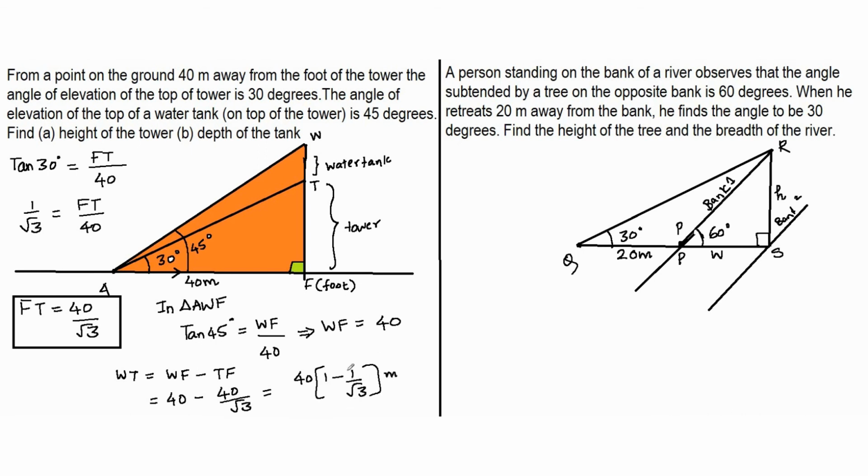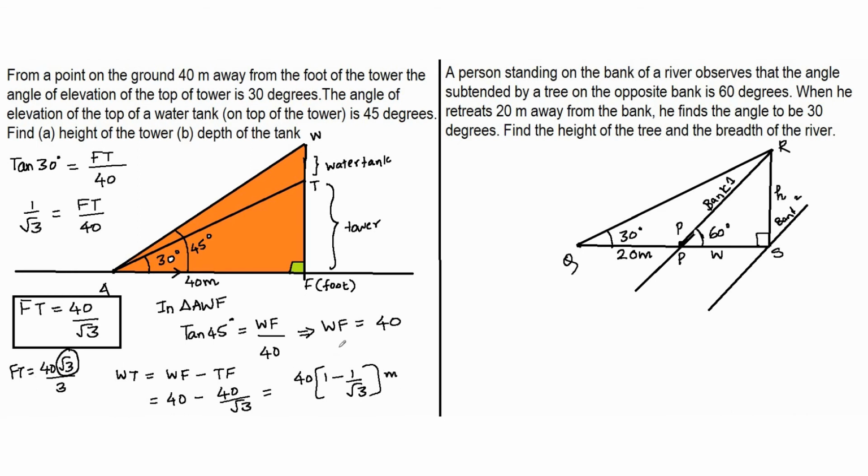So now you could of course rationalize the denominator here, and let me quickly show that. So FT, multiplying the numerator and denominator by root 3, you get 40 root 3 by 3, and now you can substitute root 3 as 1.732 to calculate the value of FT.